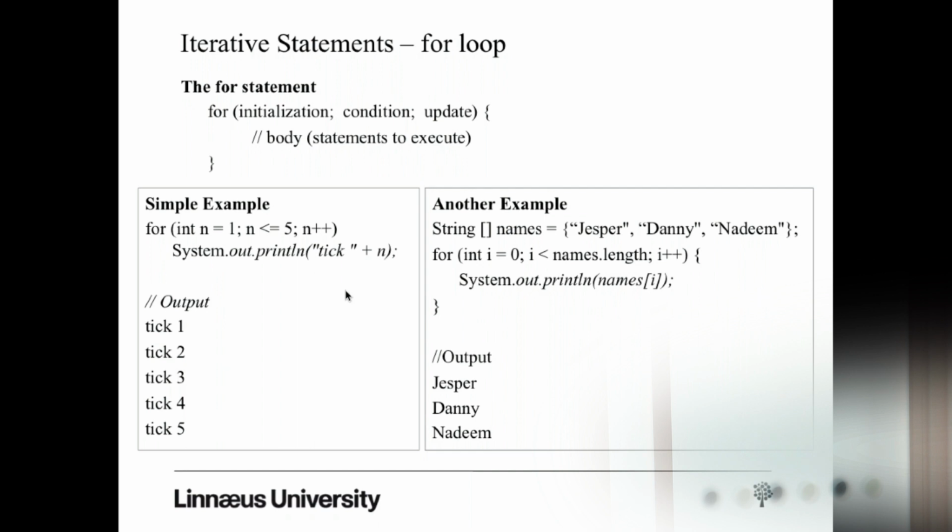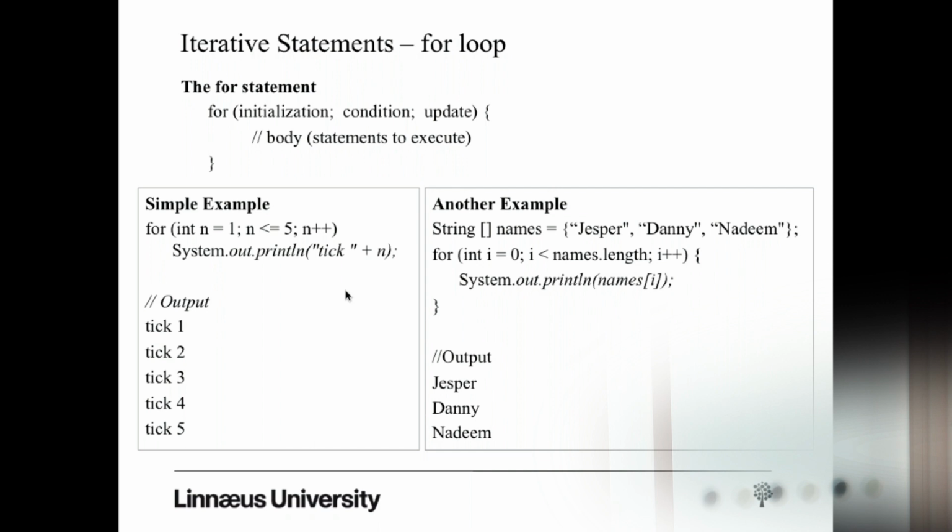So now the value of n becomes 2, and from here it will go back to the condition part. The initialization part will run only once at the start of the loop, and after that it will keep on running in this cycle: condition, statement, update, condition, statement, update.